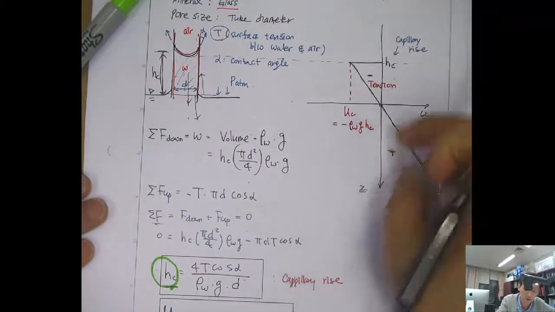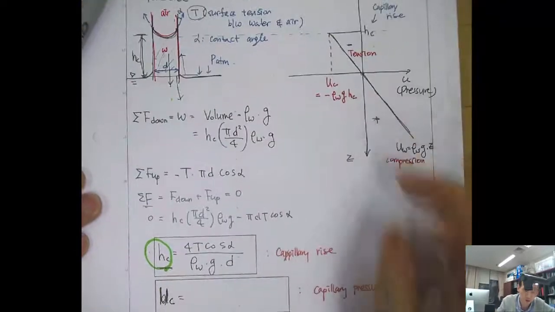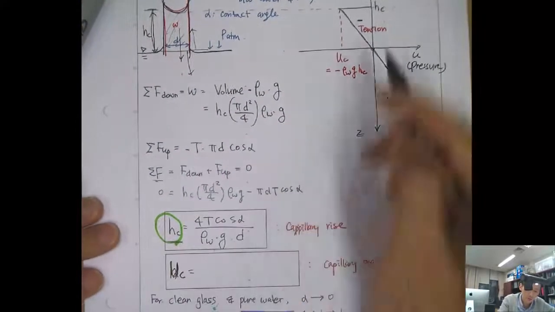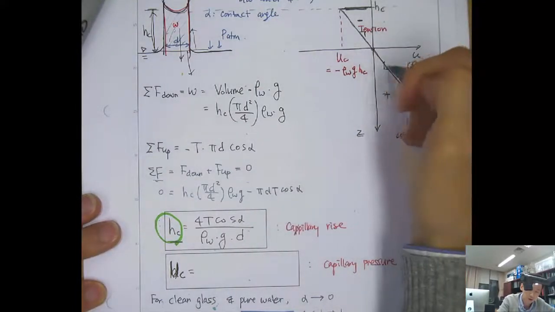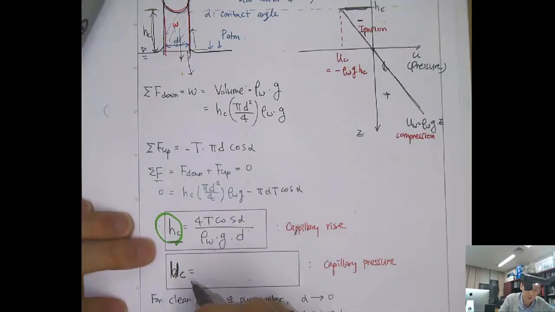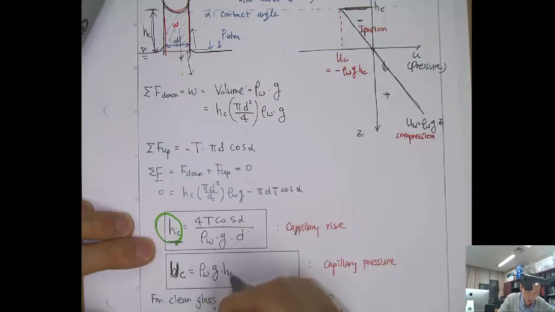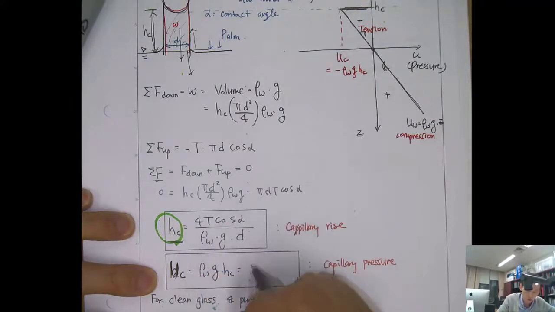Because this is the compression and this is the tension, or you can say this is a suction and this is the pressure. So then this much of the pressure will be, because it will have the same slope like this, you can just multiply the water density and the gravitation. So rho w, g, and hc will be the capillary pressure. Then the rho w and g at the bottom will cancel, and it becomes 4T cosine alpha over d.